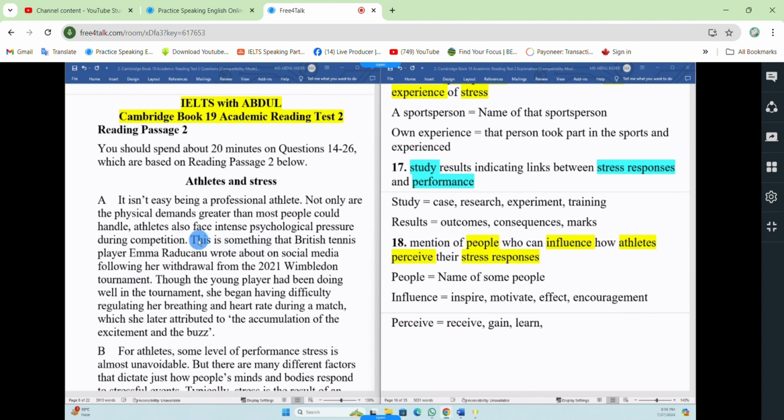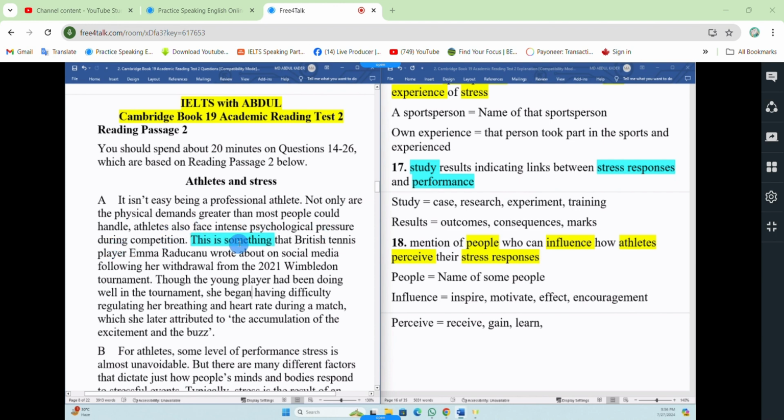Look at this: this part of the sentence is indicating the first sentence, that it isn't easy being a professional athlete. Being a professional athlete, you should fulfill the physical demand as well as face the intense psychological pressure.